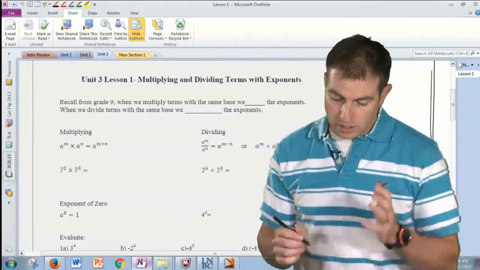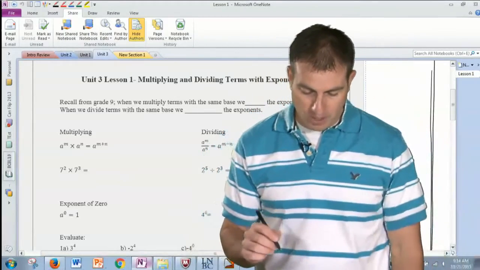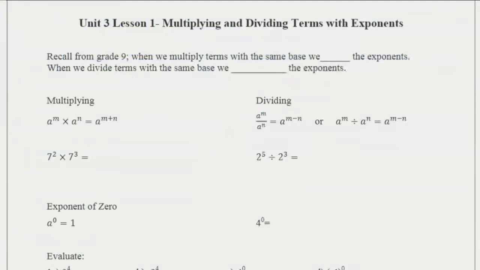So the first thing here, recall from grade 9, when we multiply terms with the same base, we add the exponents. When we divide terms with the same base, we subtract the exponents.